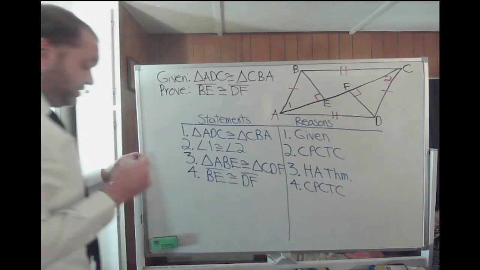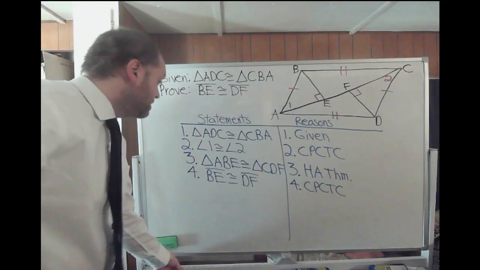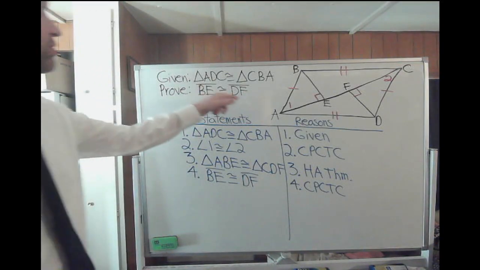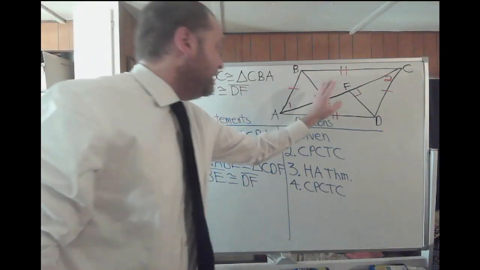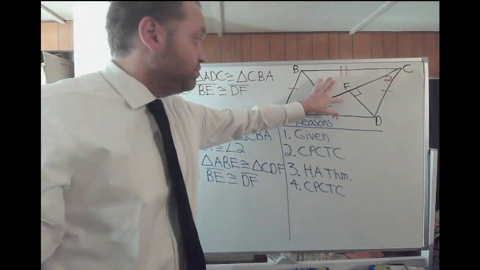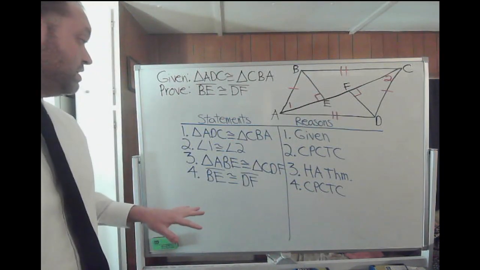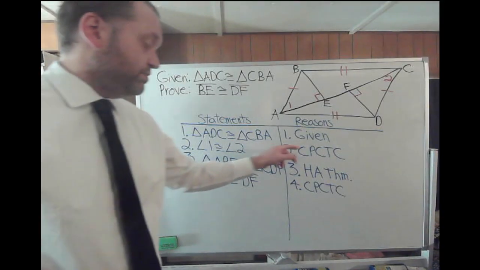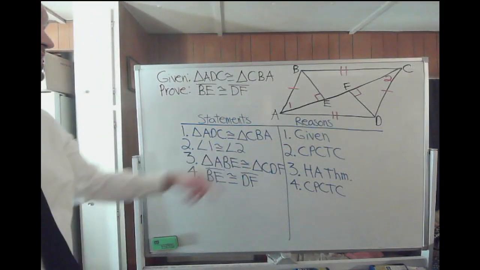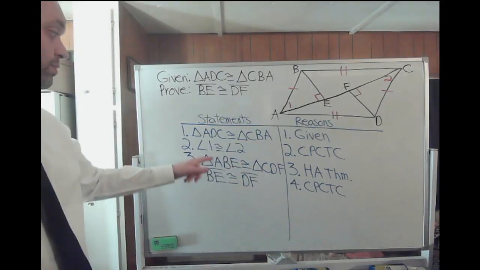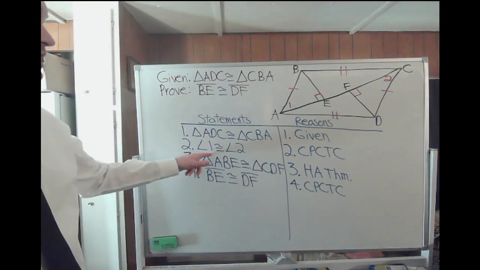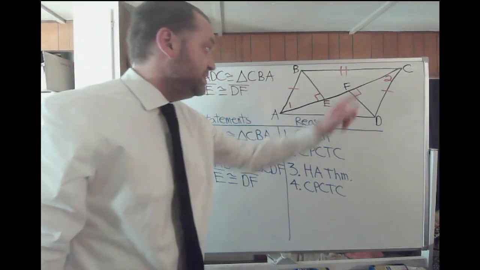So let me go through this proof again here. We were given that triangles ADC and CBA, the two big parts, are congruent. And if those two triangles are congruent, then we can say angle 1 is congruent to angle 2 by CPCTC.